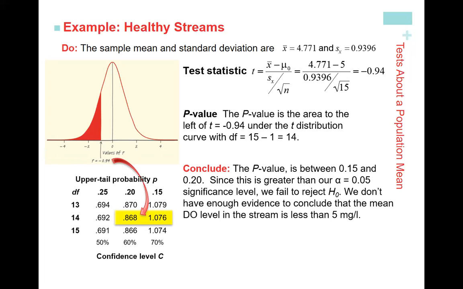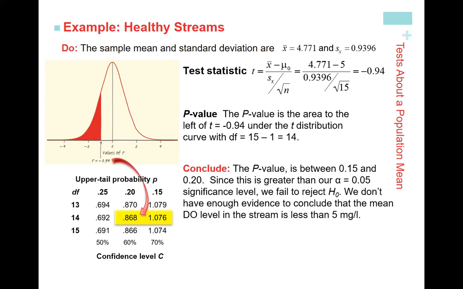So it's the same process that we've been doing the last few days. The only difference is that we're using the t-score in that formula instead of a z-score formula. And when we check our normal condition, we need to think about n being at least 30 instead of our n times p and our n times 1 minus p.